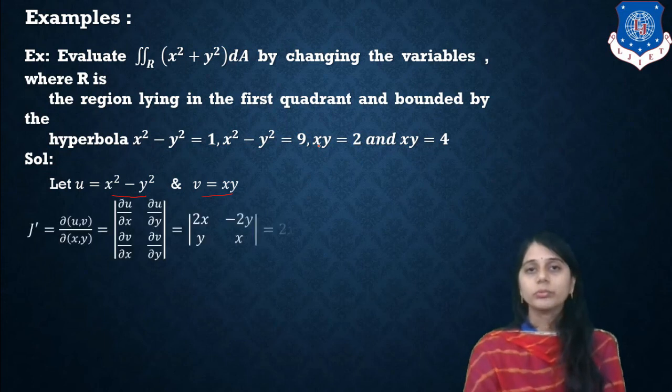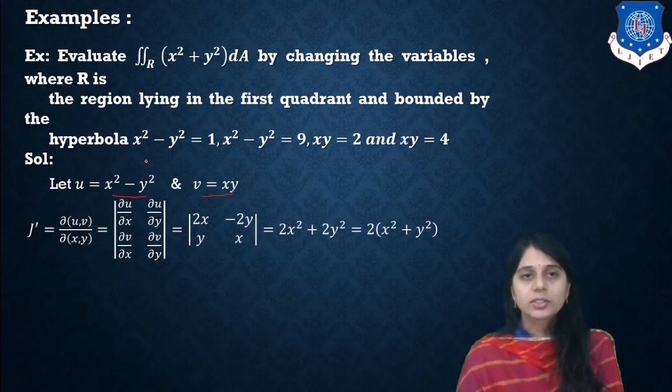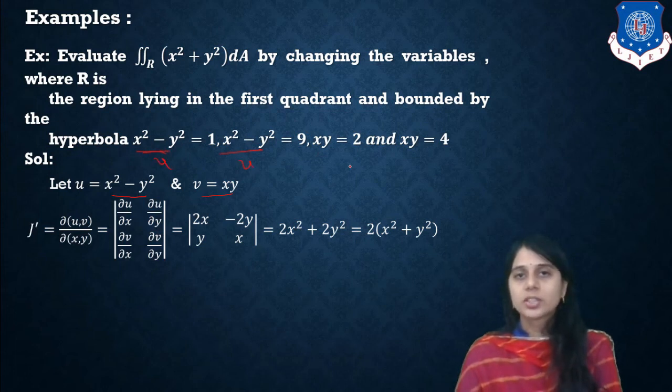So we get the Jacobian as del u by del x, del u by del y, del v by del x and del v by del y. We consider the hyperbola x square minus y square as u and xy as v.